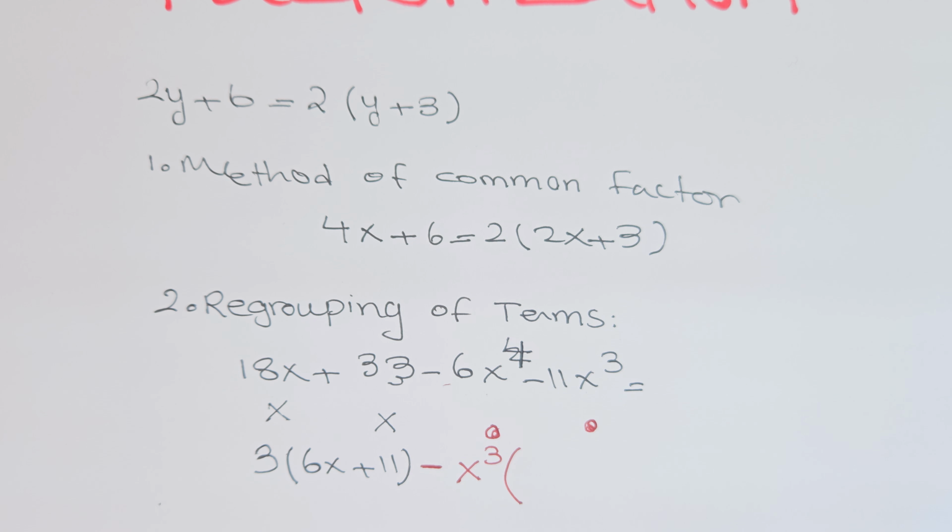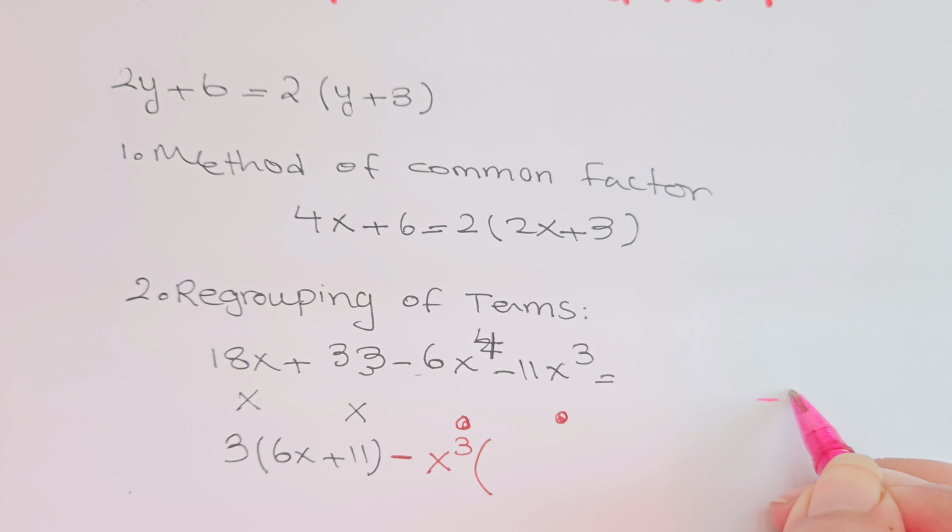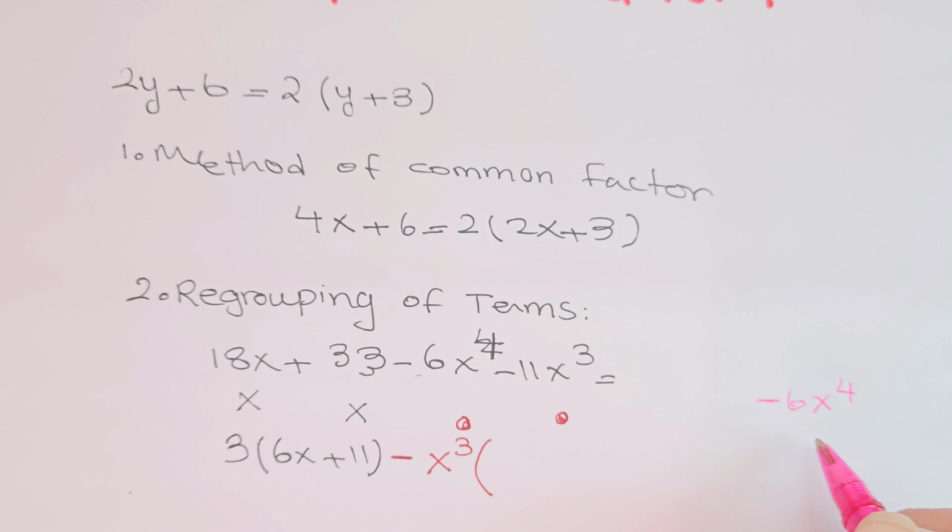Just to show you what I mean by pulling out a factor, that means division. It means dividing the original term by the common factor, because we want to have the original term if we multiply them back together. So if I have negative 6x to the power 4, and I divide it by negative x to the power 3, the negatives cancel out with one another.